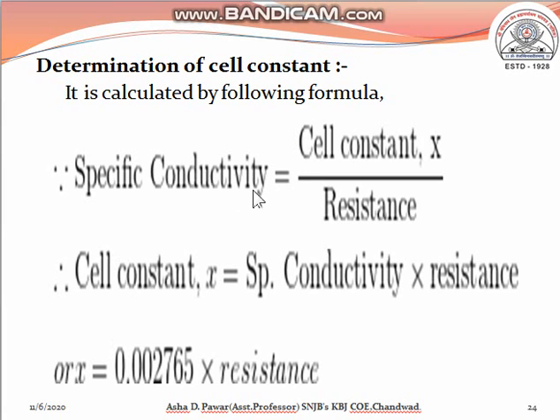Specific conductance is equal to cell constant upon resistance. Then cell constant is equal to specific conductance into resistance, and the reciprocal, 1 upon resistance, is nothing but the observed conductance. So the cell constant is equal to specific conductance upon observed conductance.